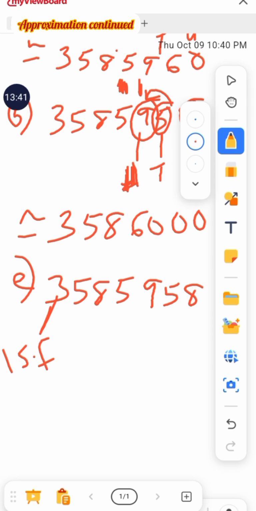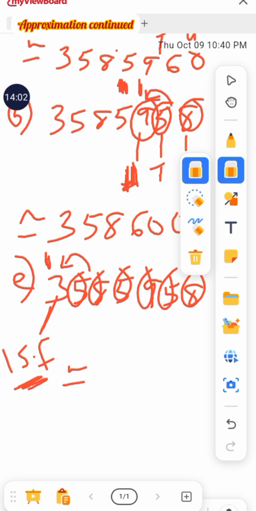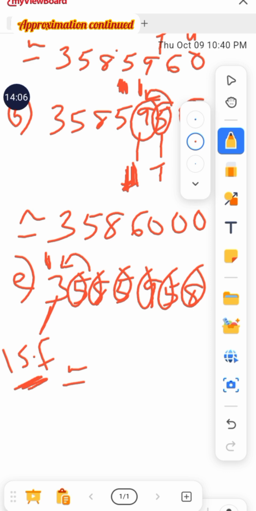So before you write your significant figure, you check for the number at the back. 5 on top of 3, that will add 1 to 3, and every other thing here will vanish to 0. So my answer to the one significant figure will be 3 plus 1 is what? 3 plus 1 is 4. So that will be 4.